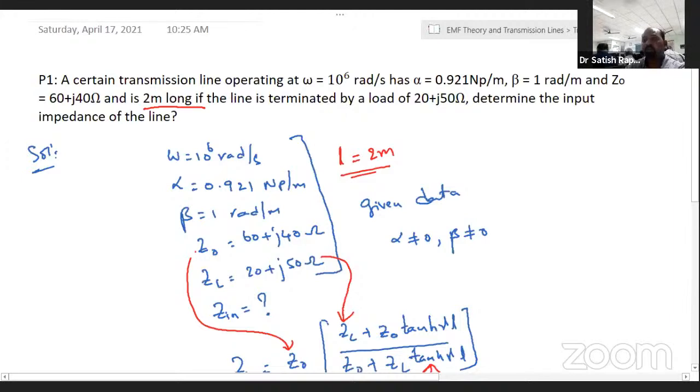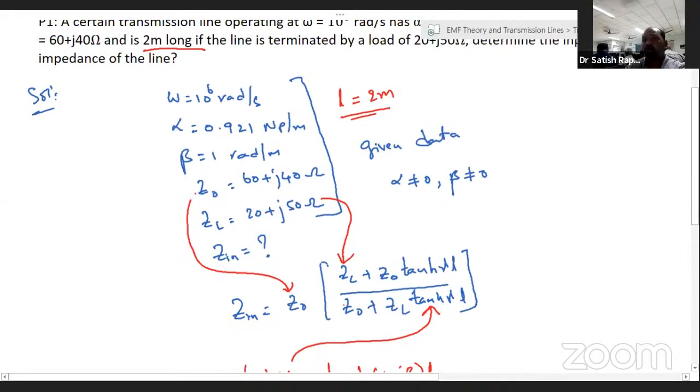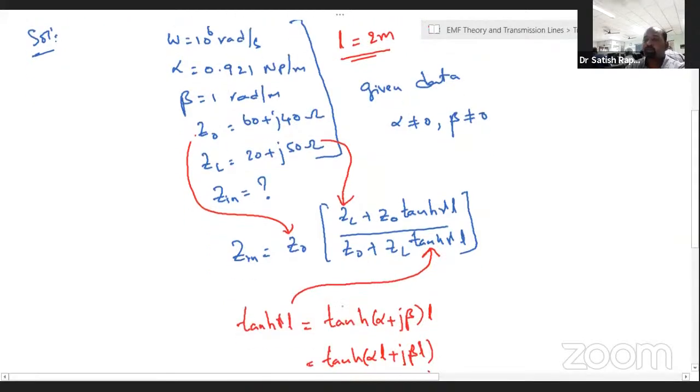So let me explain once again. Write down the given data first, whatever the problem has given, and what to determine. That is the first and foremost step. So we have written the given data and what to determine: input impedance. For input impedance, we have two formulas: one is for a distortionless transmission line and another for a lossless transmission line.